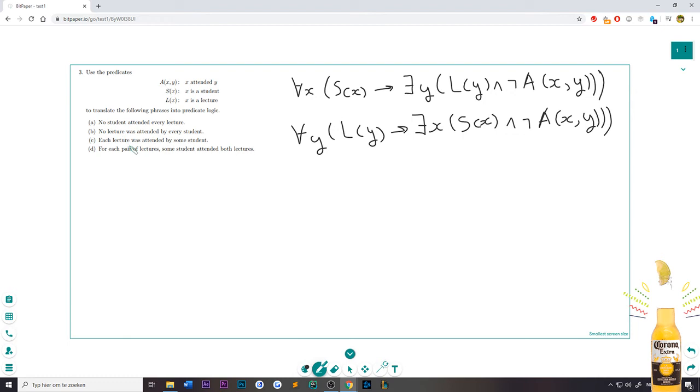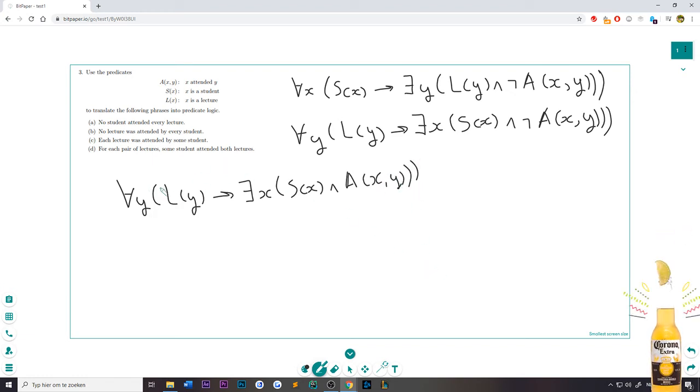And so then the third one, each lecture was attended by some student, right? Well, you see each lecture in the beginning, so you know that it's going to look something like this. For all lectures, there exists some X such that X is a student, and they attended the lecture.